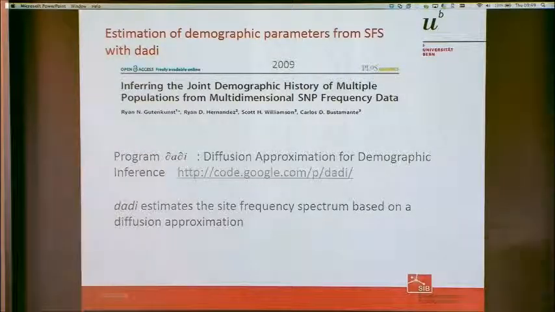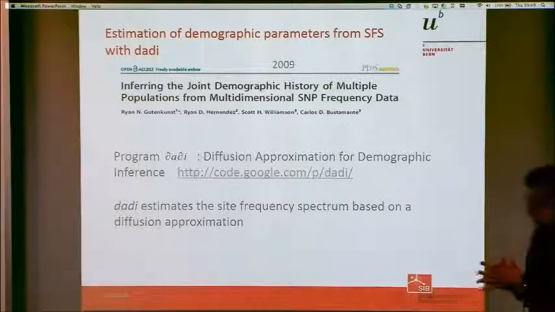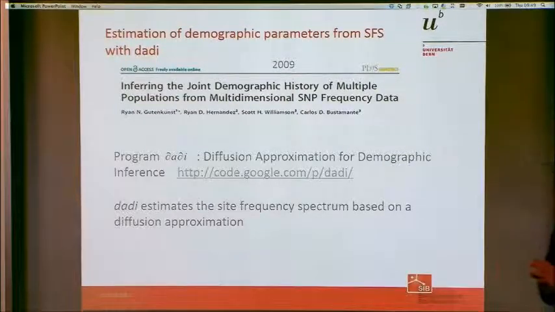So this program dadi uses diffusion approximation to get the expected site frequency spectrum in models that involve up to 3 populations that can diverge and exchange migrants, have instantaneous admixture, and relatively complex scenarios. And this has been the most commonly used method to make this kind of inference.